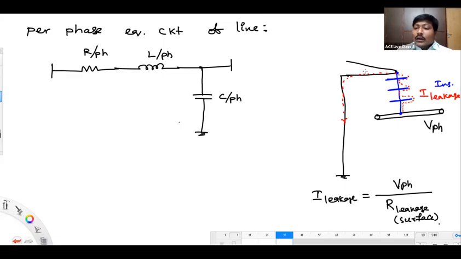As the leakage current is a shunt current, we have to keep one shunt element here. Moreover, it is resistive in nature. So I will be keeping some resistive shunt element, something like this.